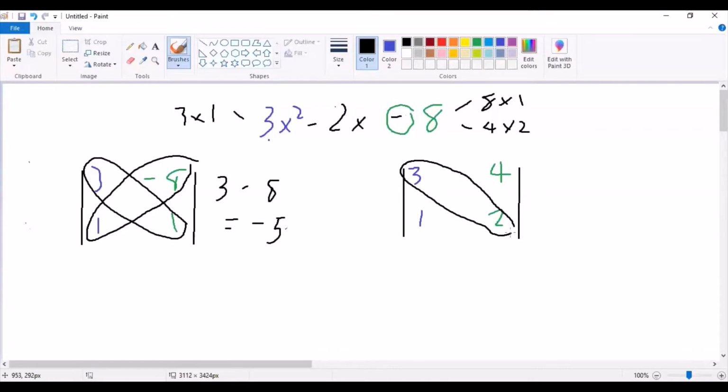So we should add that negative sign in front of that 2, because then we're going to end up with a negative 6. So I'm going to write down negative 6, and then when we cross multiply that, the 1 times 4 is going to equal positive 4. In the end, we're going to end up with a negative 2, which is the number that we want.